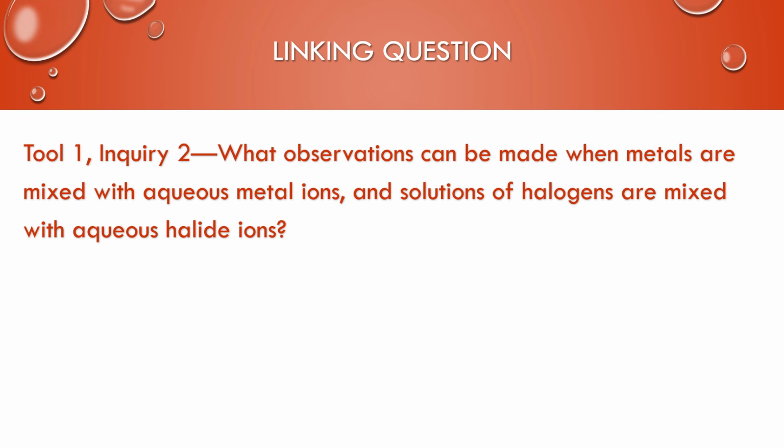This last one links to our scientific skills: what observations can be made when metals are mixed with aqueous metal ions and solutions of halogens are mixed with aqueous halide ions. So depending on the activity, if there is a reaction, you could have a displacement reaction. And so you could see a different solid metal being formed. And depending on the metal, it might change color.